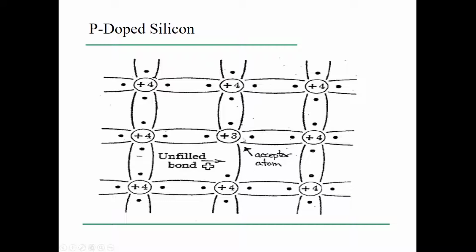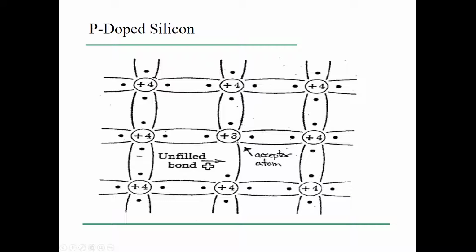And the reason for that is because the boron valence electrons are at a lower energy level than what the silicon valence electrons are. So that's why you have this dropping down to the lower energy level. And that's where the name acceptor comes from, since this valence electron of the nearby silicon atom is being accepted, if you will, by the boron atom.